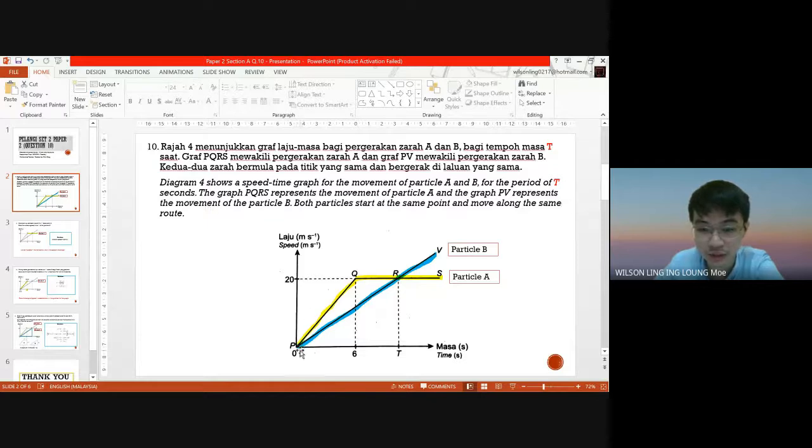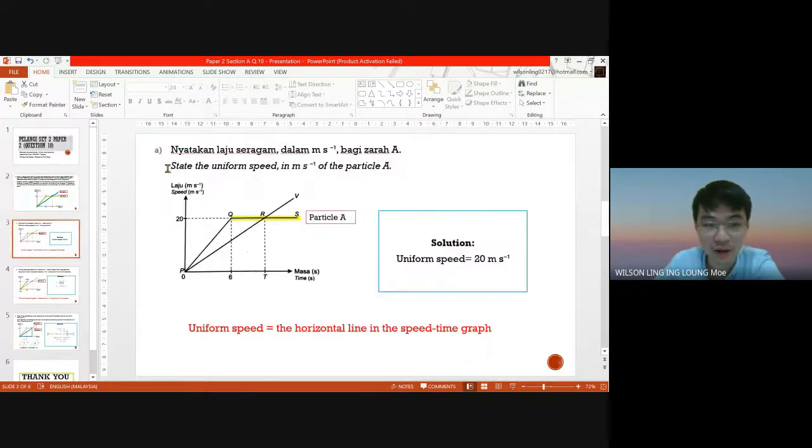You can see the yellow highlighted graph is for particle A and this is for particle B. For part A, state the uniform speed in meter per second of particle A. The uniform speed means the horizontal line in the speed-time graph. So you look at here. The uniform speed is equal to 20 meter per second.